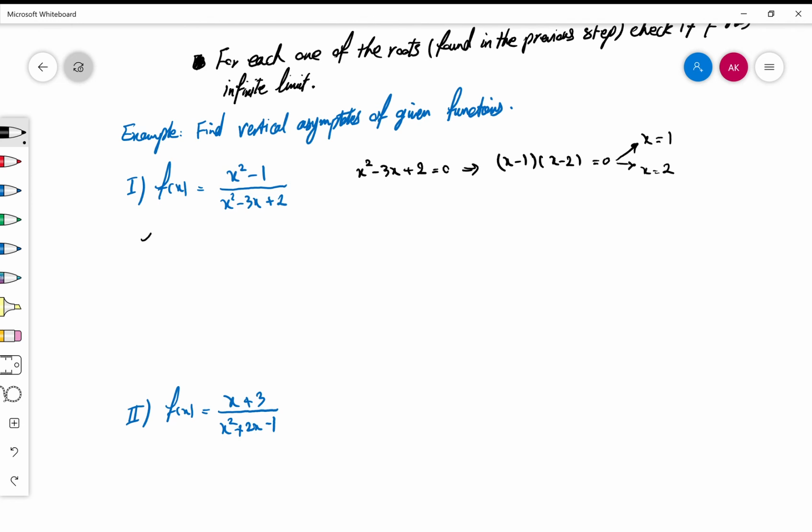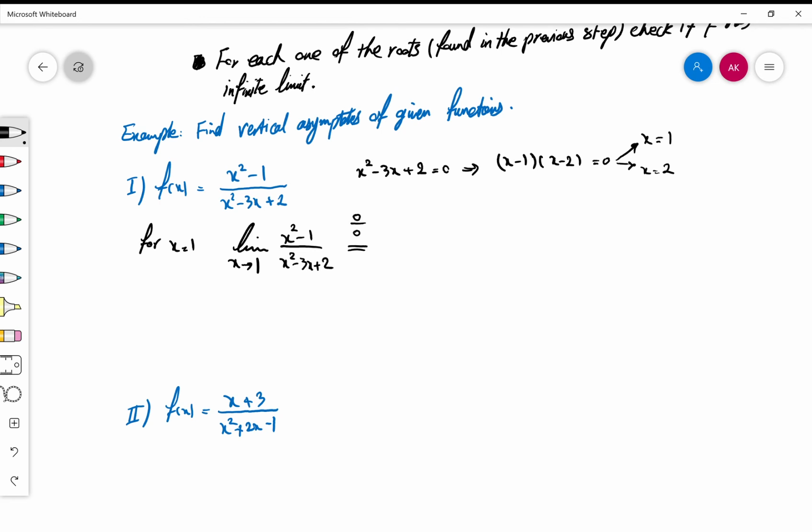So for x equal to 1, we have to find the limit of (x squared minus 1) over (x squared minus 3x plus 2) as x goes to 1. Well, you can do left or right, but what is important here is that if I plug in 1, the numerator is 0, the denominator is 0.